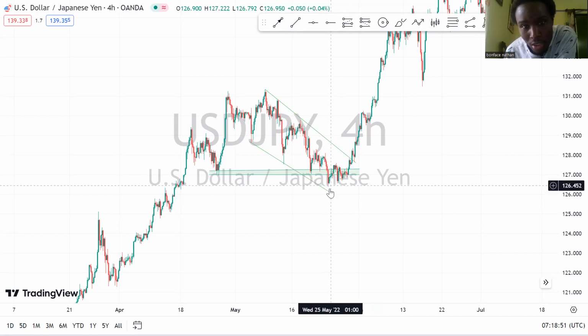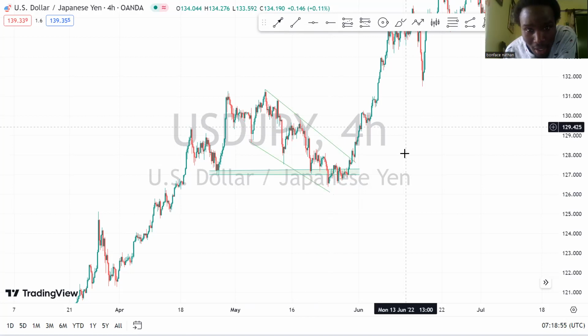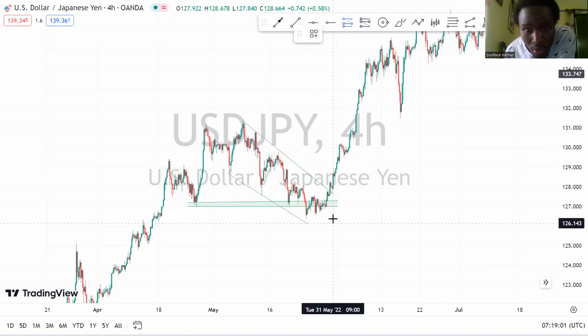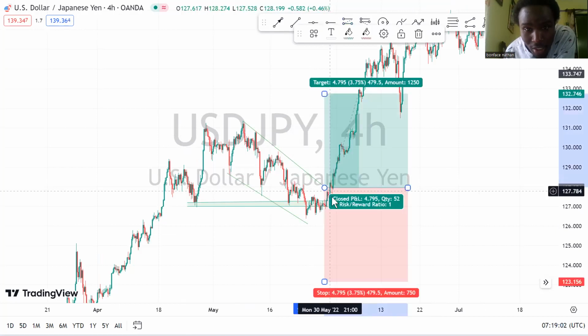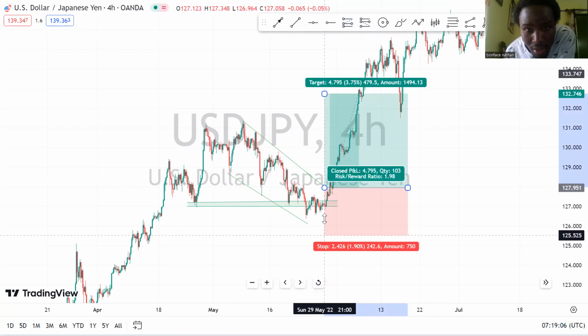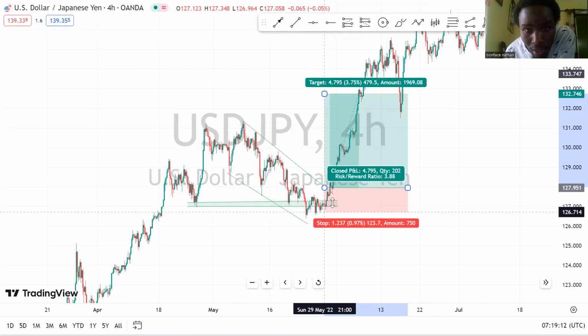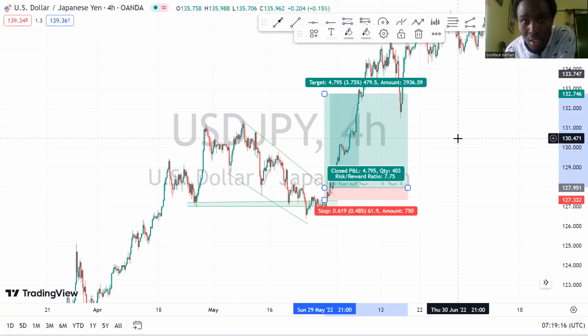And if we did not get our entry at this point, we wait for the retest. You can see this good retest. So we could have entered at that point so nicely. Our stop loss below that, or it can be elsewhere, but I like it below that.